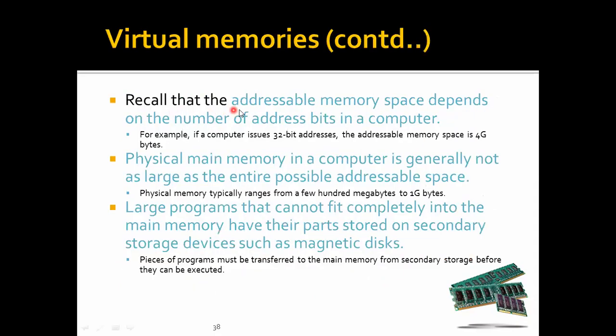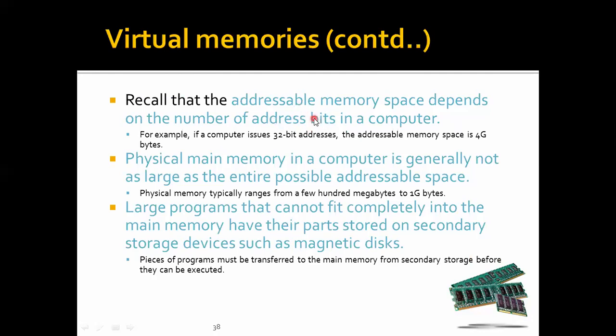Recall that the addressable memory space depends on the number of address bits in a computer. Based on the number of address bits, the main memory size is known. That means the total number of memory locations in that processor is known from the number of address bits.